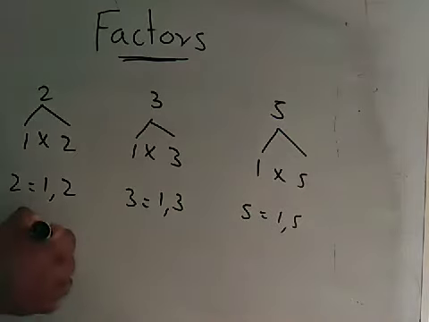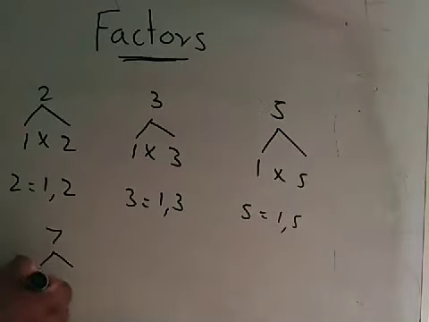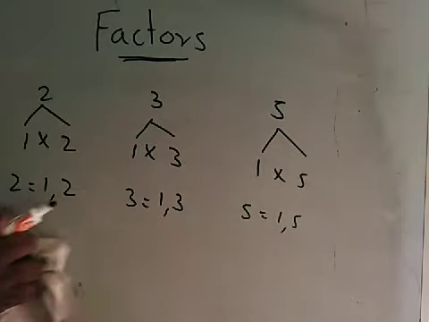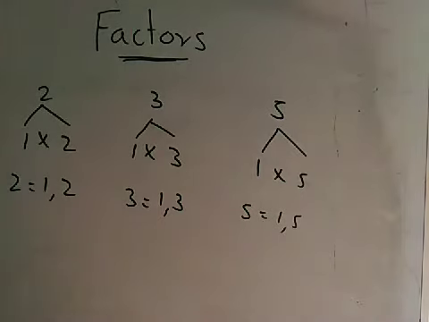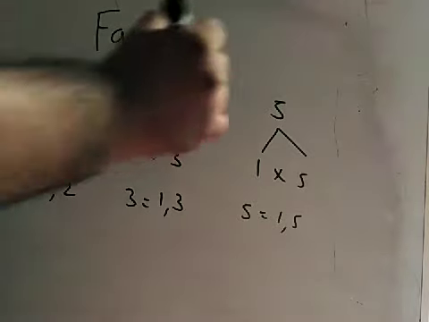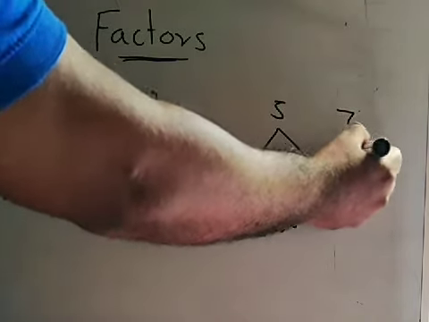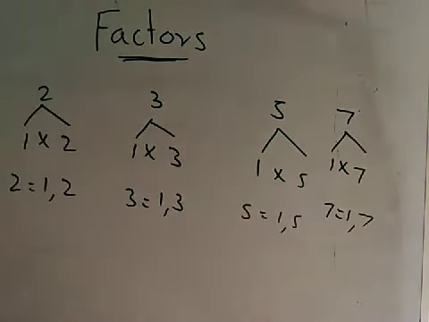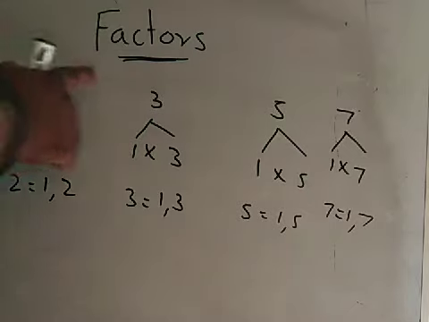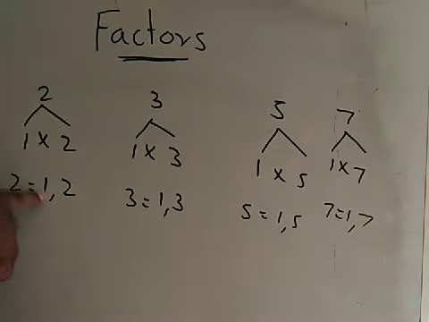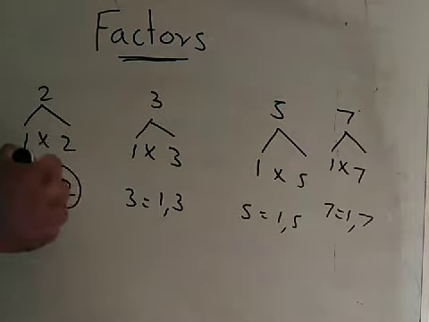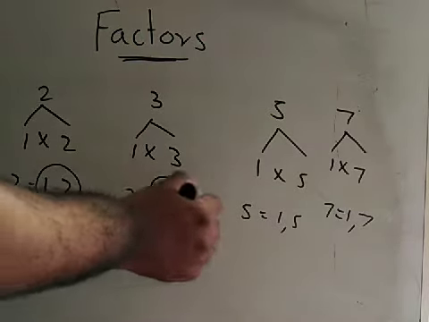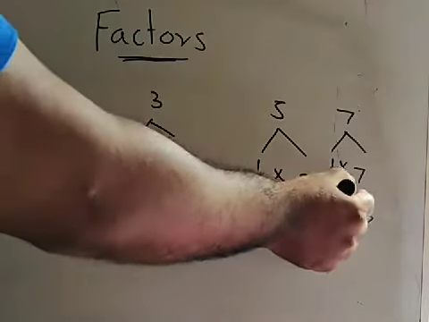For 7, 1 into 7. Now you can see that for 2, 3, 5, 7 there are only 2 factors.